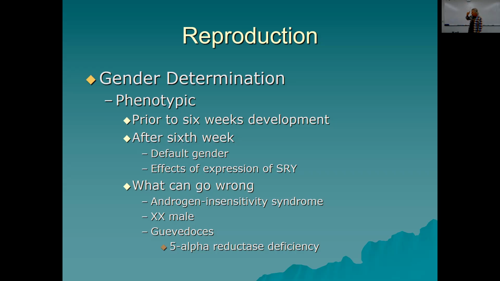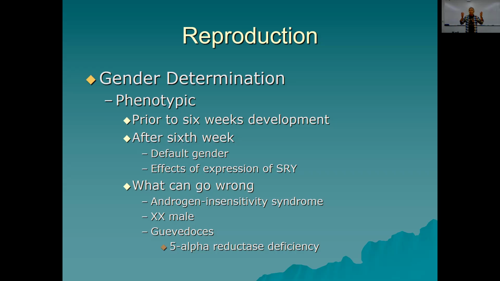Okay. Effects of expression of SRY. What if you got a Y chromosome? Then you have the SRY gene. It codes for a protein called male determining factor. And when it's expressed, it turns the fetal gonads into testes.